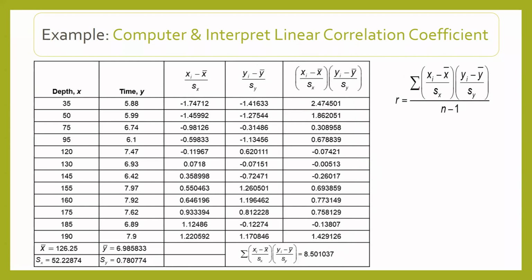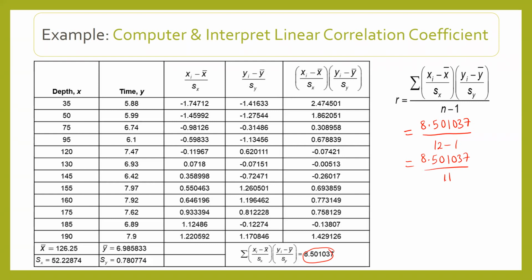So the correlation coefficient is the sum of everything, which is what we have here. So that is 8.501037. And then divide by n minus 1. How many are the observations? 1, 2, 3, 4, 5, 6, 7, 8, 9, 10, 11, 12. So there are 12 observations, so I have 12 minus 1. So this is 8.501037 divided by 11.